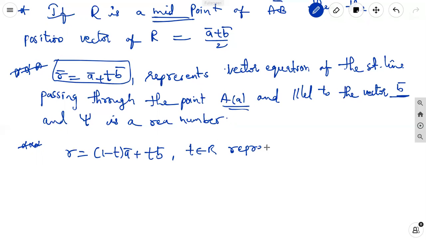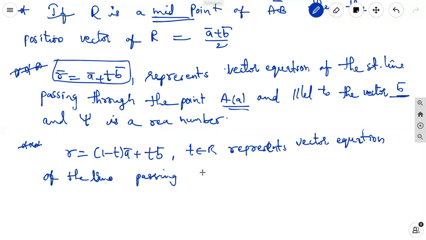It represents the vector equation of the line passing through the two points A and B.